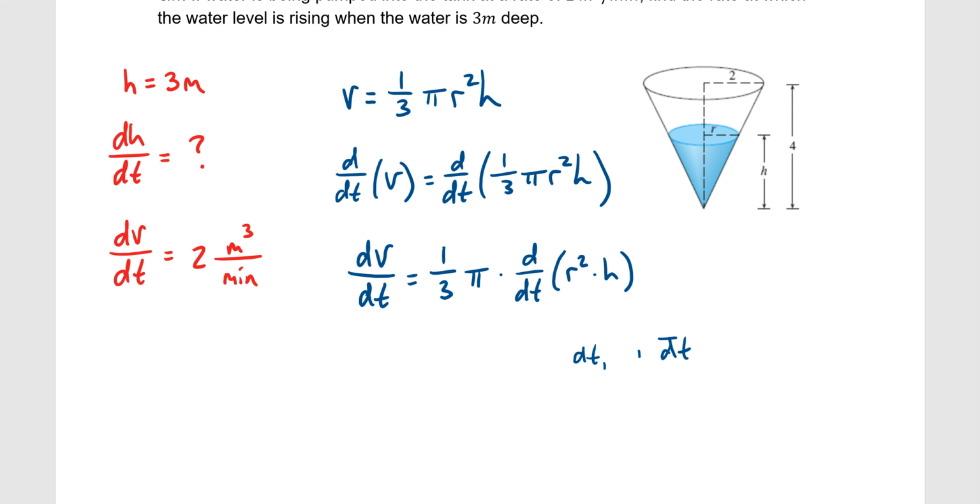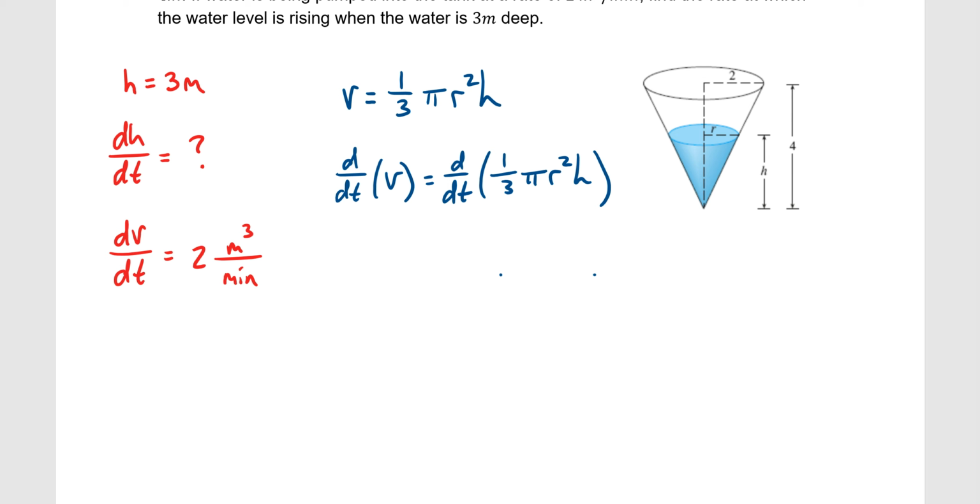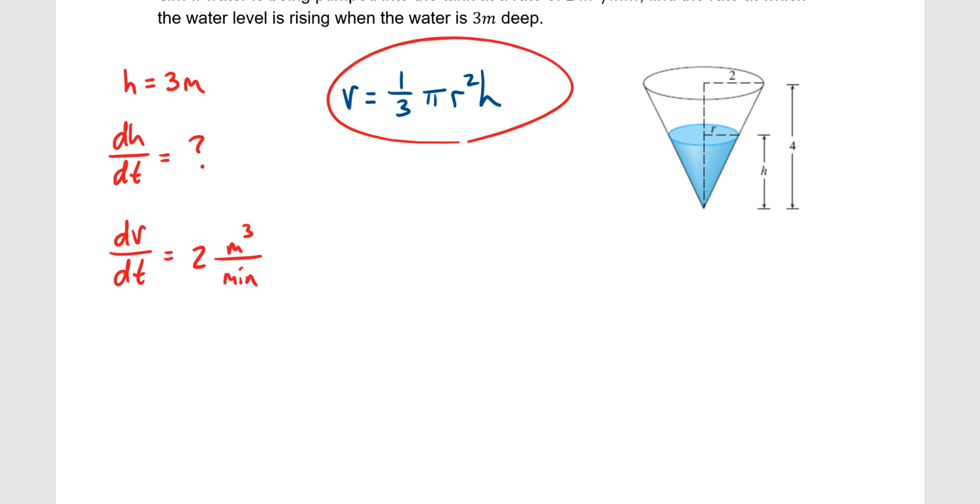So you have to recognize that this would not work, or if you didn't recognize it, you would do it and then get stuck. What you have to do is go back to the original equation and rewrite it with only one variable on the right side. Because we have an r and an h, we only want one of them.